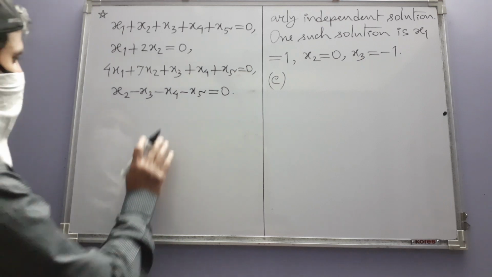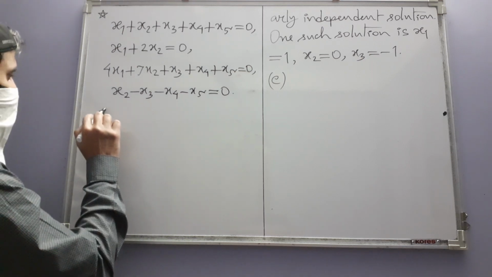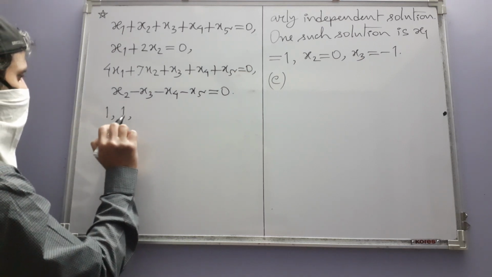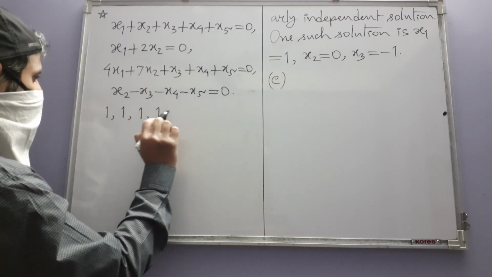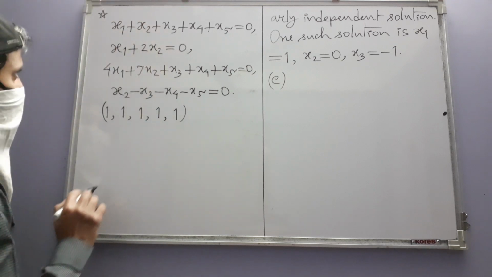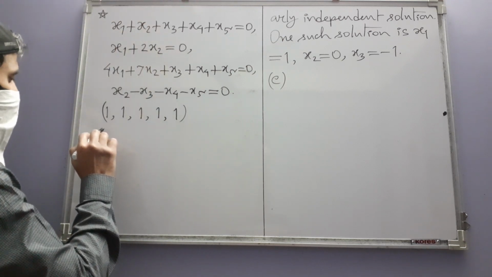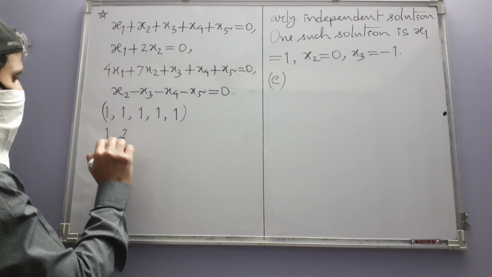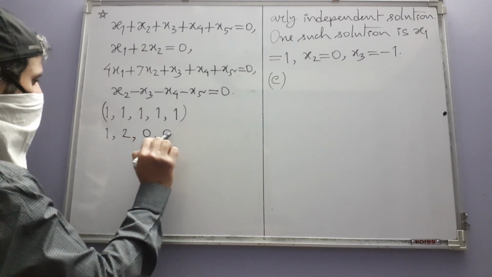So in this case, the vectors that we will have are these. This comes from the first equation. From the second one, we have this.